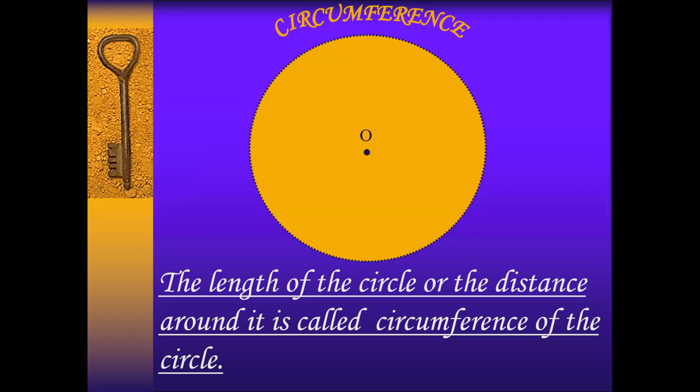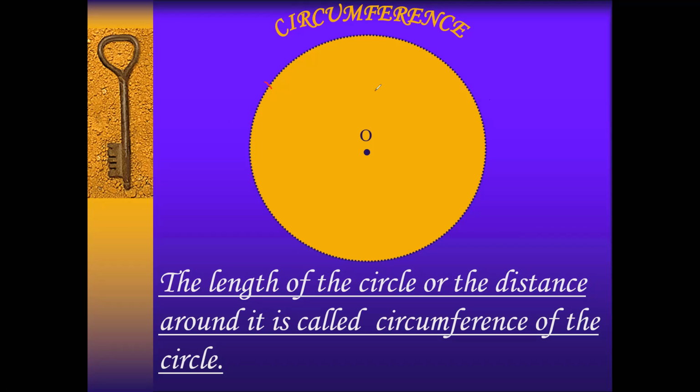The length of the circle, or the distance around it, is called the circumference of the circle. For example, you have a rope of length 10 feet, and you place it as a circle.